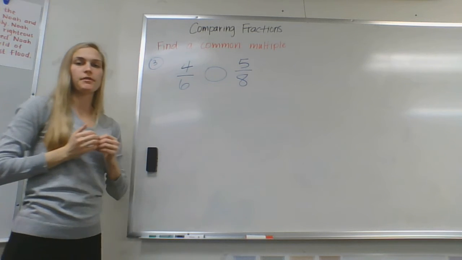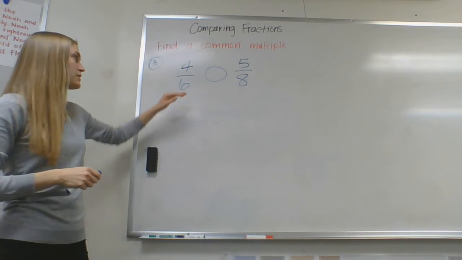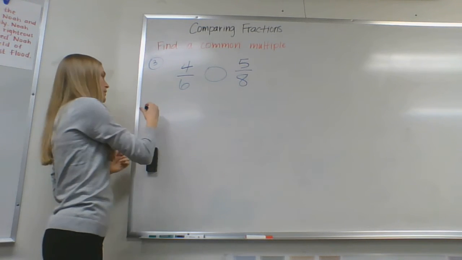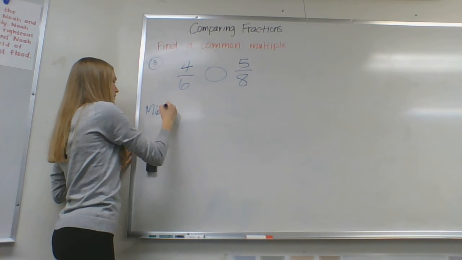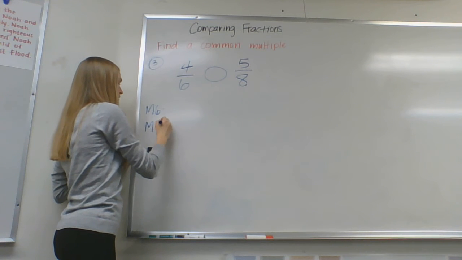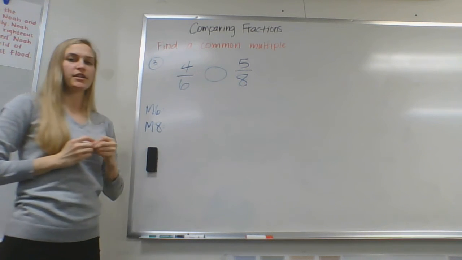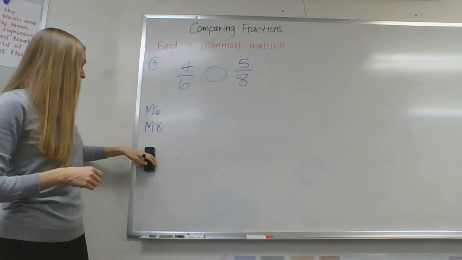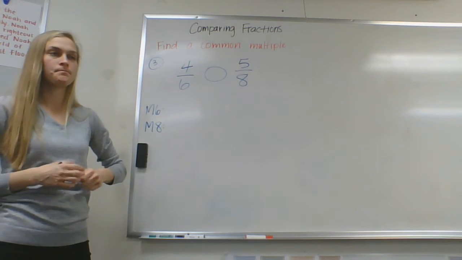All right, so we're trying to find a common multiple between 6 and 8. So we're going to list out our multiples of 6 and our multiples of 8. I'd like you guys to try this on your own and then unpause it and see what you came up with as your common multiple.